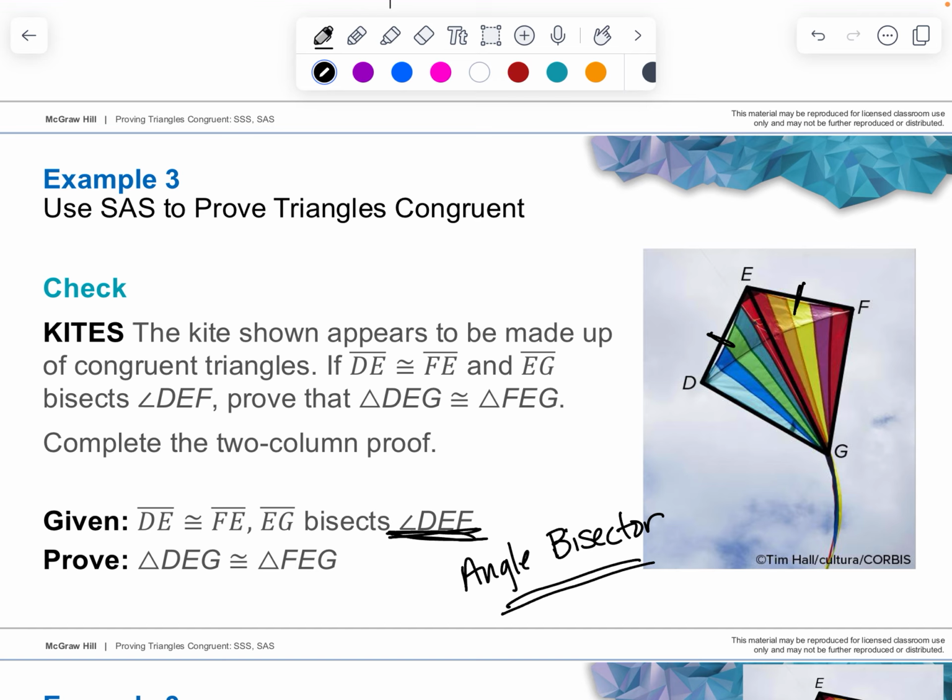So that's a definition of an angle bisector, okay? So if it bisects an entire DEF, then it's cut 2 angles in half. So now you've got 2 angles that are equal to each other. Now you need to prove that DEG is congruent to FEG.